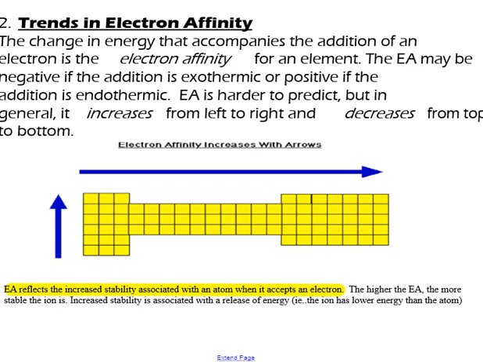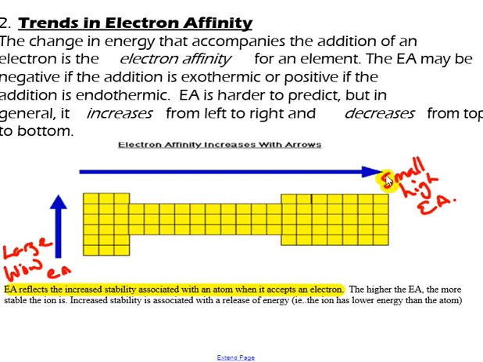And atoms who are happier are ones who are almost full in their rings as it is. So there are some ups and downs here, but the general rule is the smallest atoms have the highest electron affinities. The largest atoms have the lowest electron affinities.